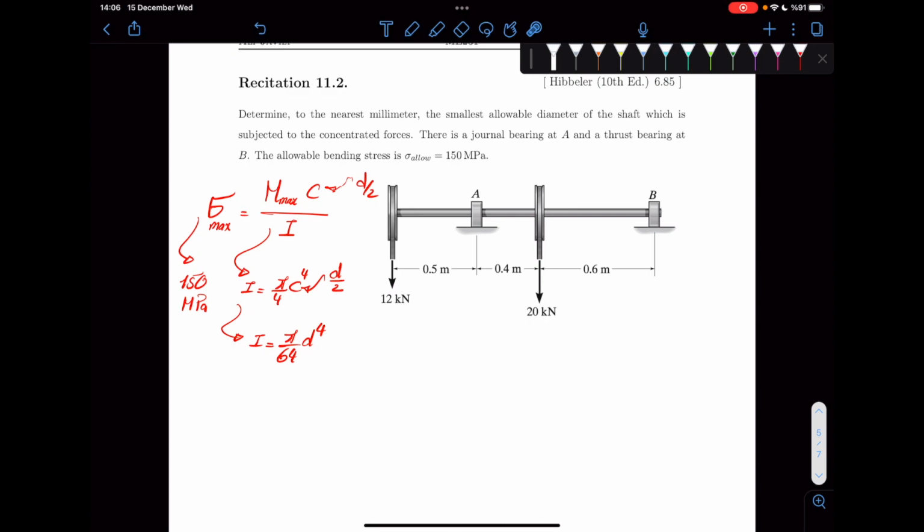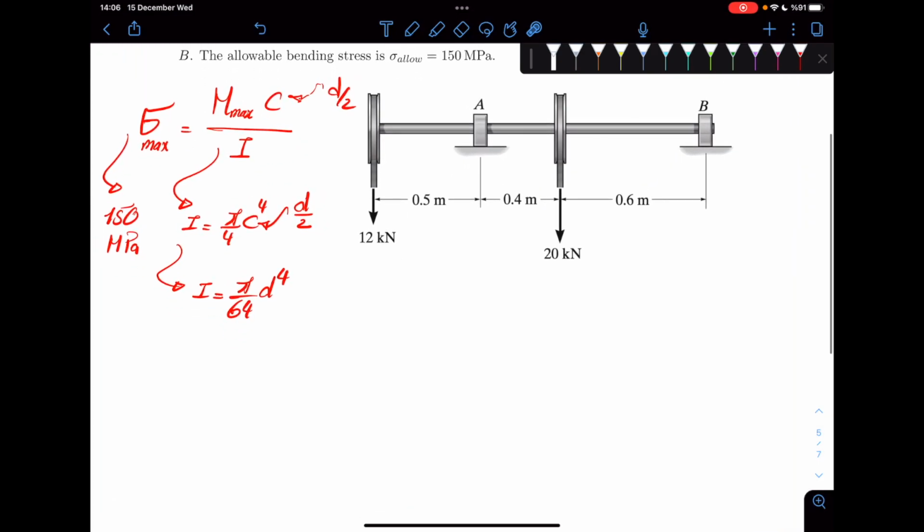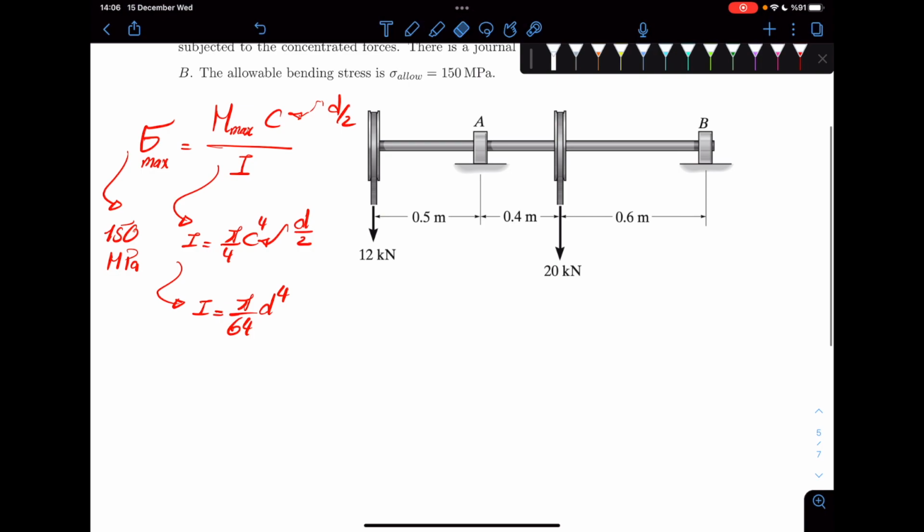So how do we find the maximum moment? If you just look at it, it's not so easy to identify that point. What we need to do is to draw the shear and moment diagram, like we did for the previous example. If you have the shear and moment diagram, then you can identify the point at which you have the maximum moment, okay? So in order to do that, you need to compute the reactions at the supports.